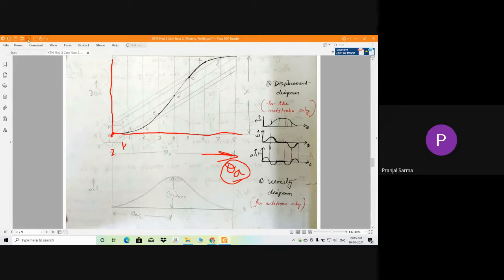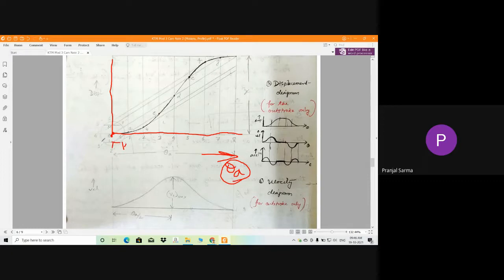Now from this point we are going to project it on this particular vertical line. This is where we are going to project. So from 1 we are projecting like this. From 2 it automatically becomes this.